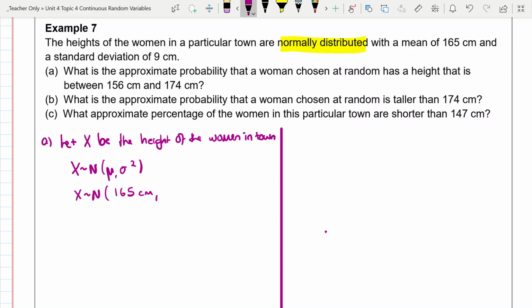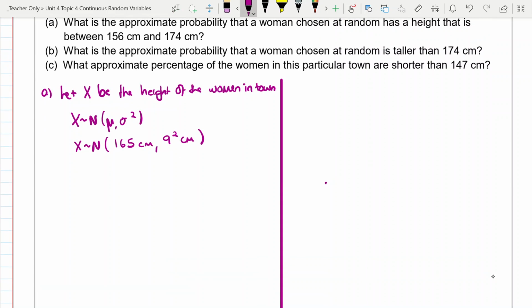And be careful, they've given you the standard deviation and sigma squared, that's our variance, 9 squared. Okay. Now, what we need to realize is if mu is 165, then mu plus sigma, or one standard deviation up, is 174, and mu minus sigma is 156 centimeters.